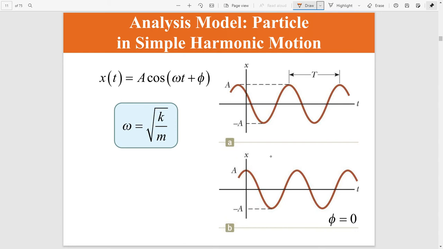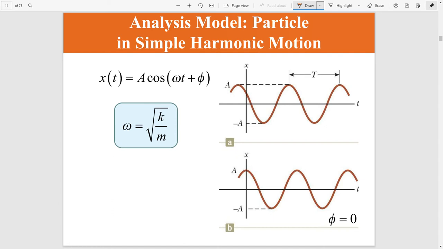Now, the general form of the position of a spring, like I said, is a cosine function. And the cosine function is here because it doesn't go any bigger than -1 or 1. That's its range.